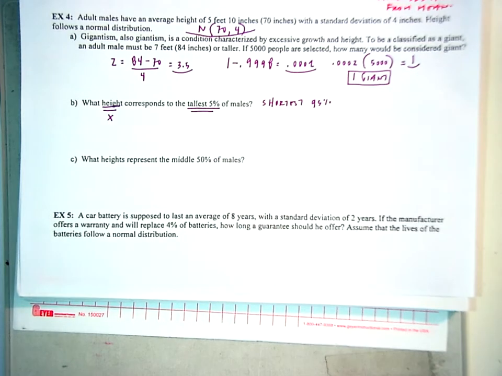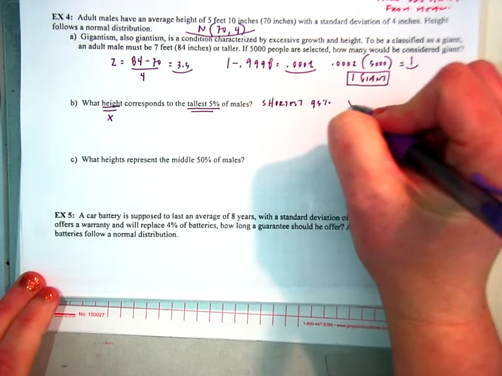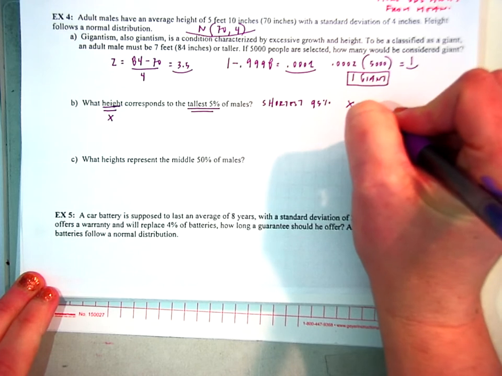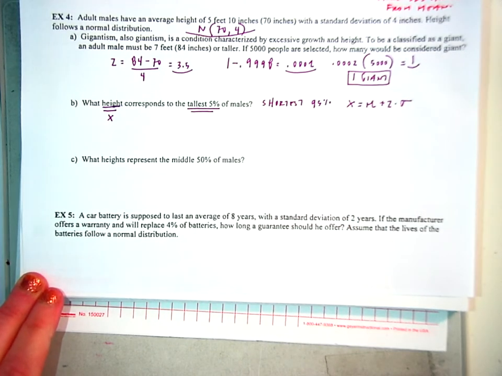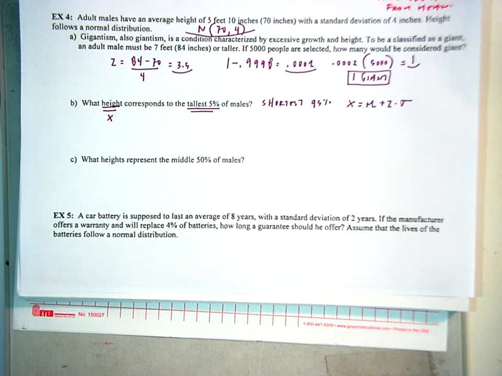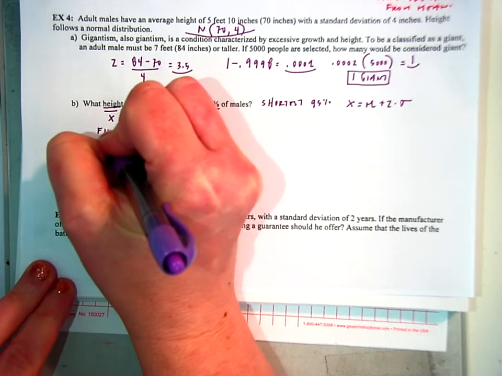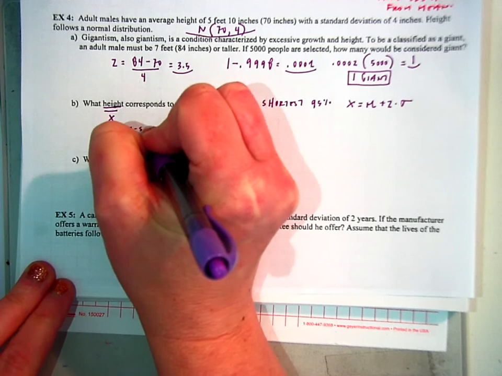Okay, the formula that I'm going to use is x equals the mean plus the z-score times the standard deviation. So what I know right now, I know my mean, I know my standard deviation. I don't know my z-score. I have to find my z-score. So to find my z-score, let me just write it first.